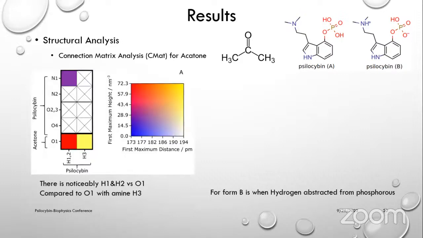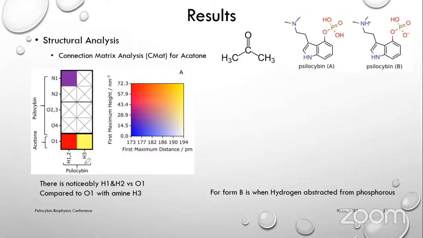These are the findings in acetone. We have the oxygen from acetone, oxygen 1, and the polar atoms from psilocybin here, but also we have the hydrogens from psilocybin. We just labeled them, and of course this numbering was generated from the TRAVIS software.